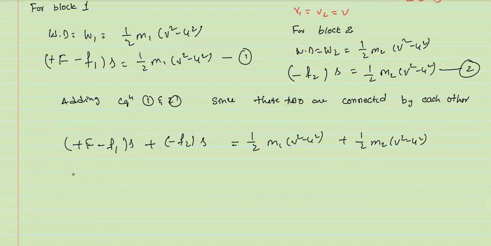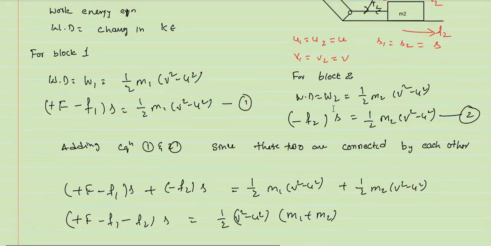So this is F minus F1 minus F2. Let me take S common, that's why it comes like this, is equal to, you can take common half V square minus U square, so you get half V square minus U square into M1 plus M2. What is this F minus F1 minus F2?